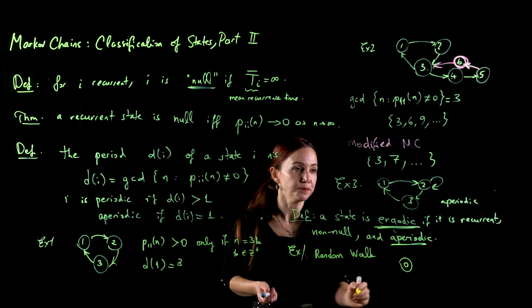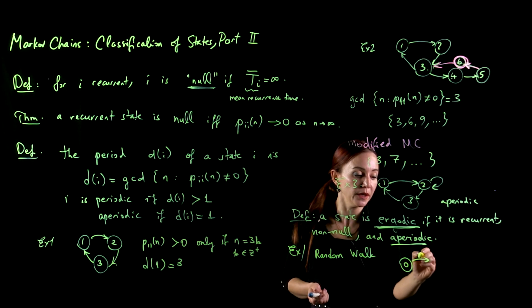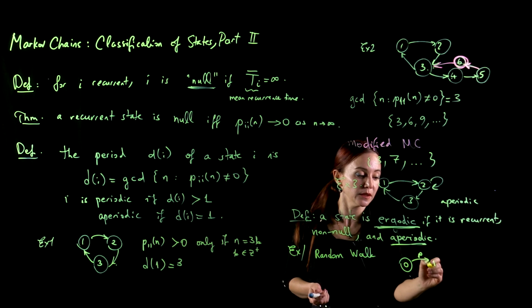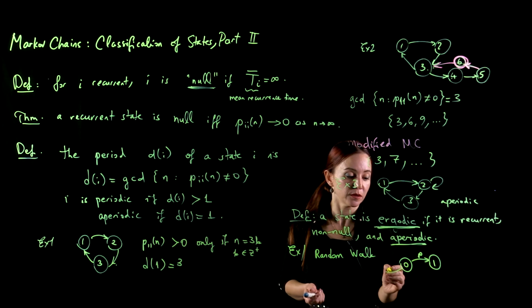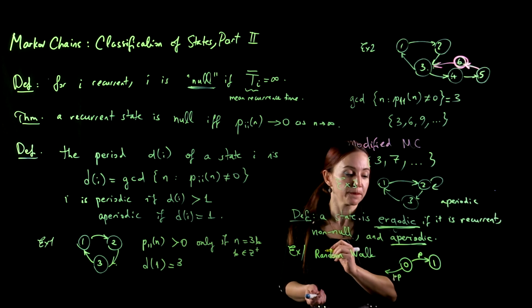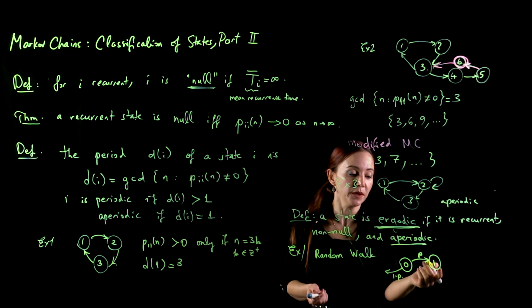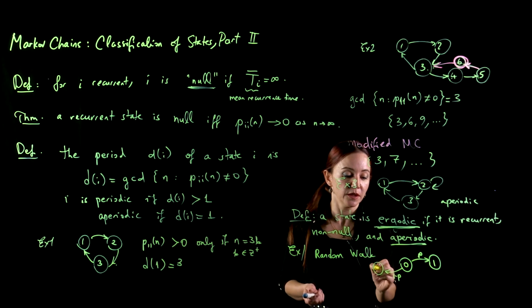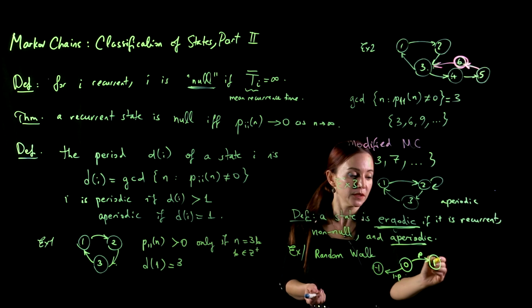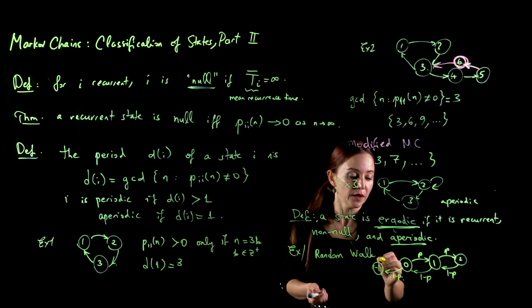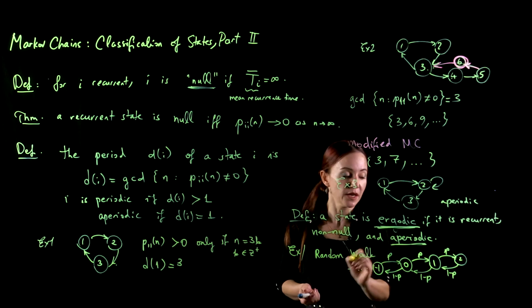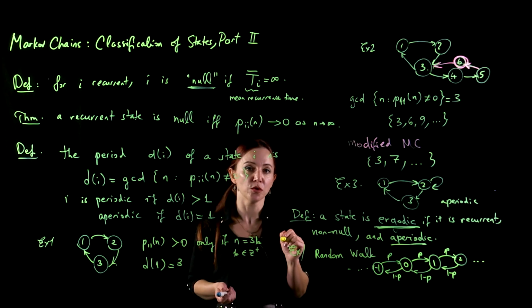From any state with probability p, you go to the next state down the road, or you go backwards. Okay, the probability that you go to the right is p, probability you go to the left is 1 minus p. Similarly, from 1 you go to 2 with probability p. You go from 2 back to 1 with probability 1 minus p. You go from 1 to 0 with probability 1 minus p, and so on and so forth. And this has a countably infinite number of states.